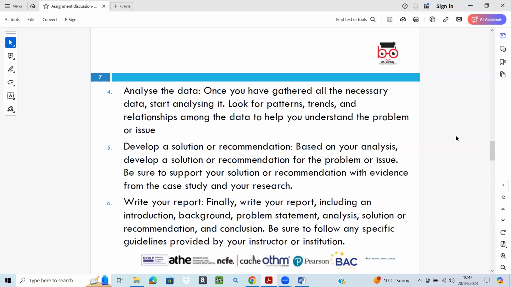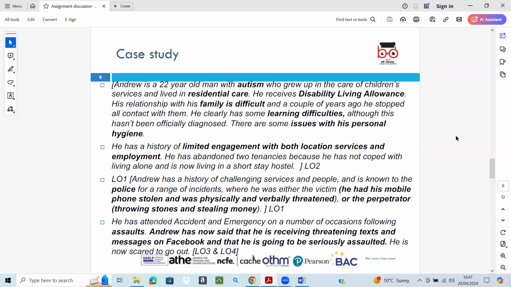Proofreading is essential to ensure the quality of our work, and that is important. Then, okay, this is about the case study, and this should be in your assignment brief.